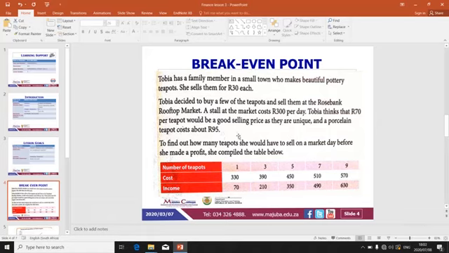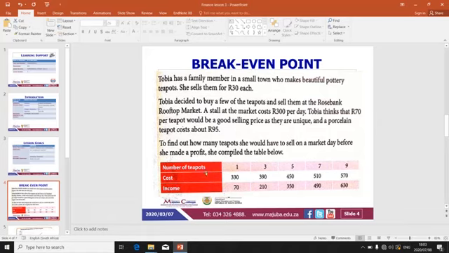Underline 95 rand, that is a porcelain. 70 rand is the unique one that she decides to sell, and 300 rand is for the stall. She buys them for 30 rand each. These are the number of teapots. There is a column for the cost and the income.